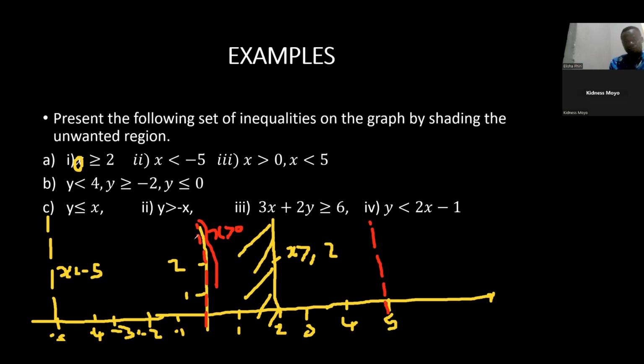The left side, very good. So we go on to this one: x is less than 5. Which side are we going to shade? The right side, very good. We are done. We can move on to B now.